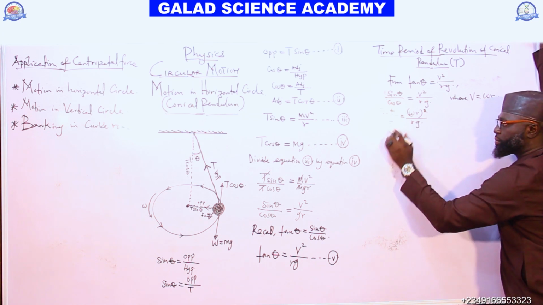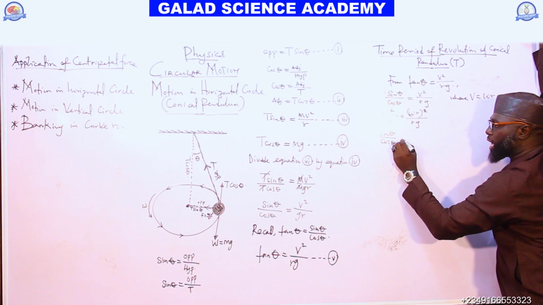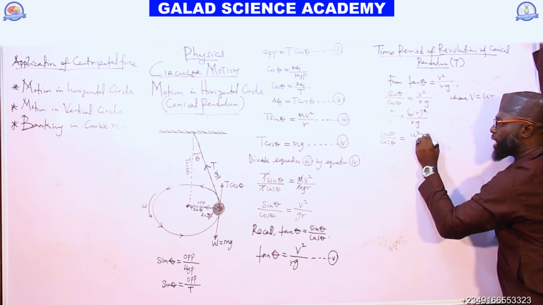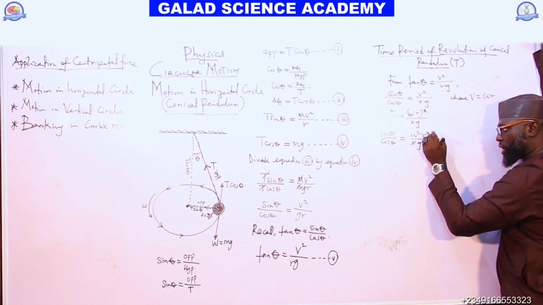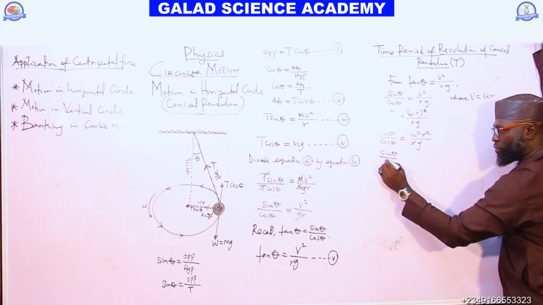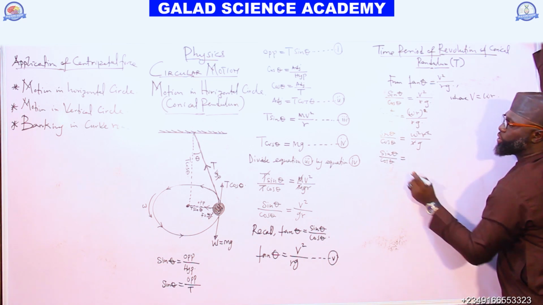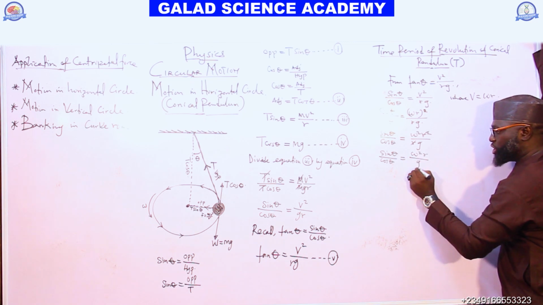So sine theta over cos theta gives us omega square r square over r g. This will cancel one r here. You have sine theta over cos theta to give us omega square r over g.